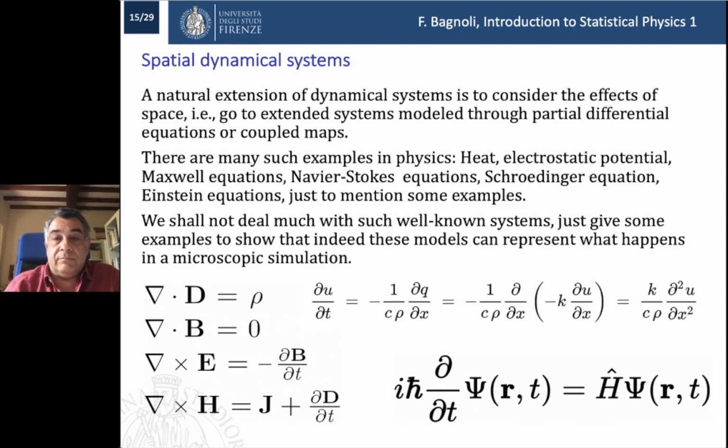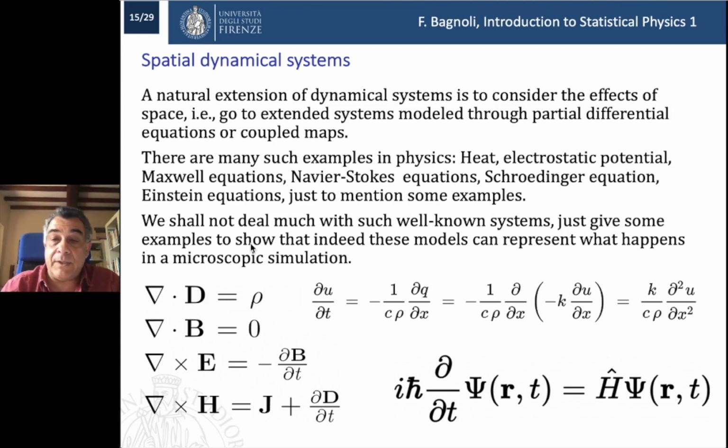This approach is, for instance, what has been used to model conduction of heat and the computation of electrostatic potential, which in some sense is due to the average over a lot of paths that virtual photons can follow. Maxwell equation, Navier-Stokes equation, Schrödinger equation, Einstein equation.